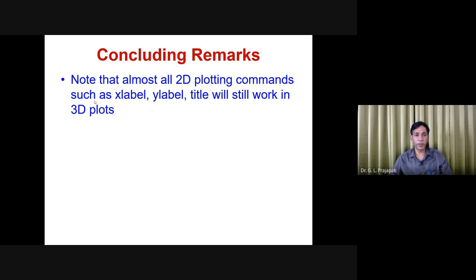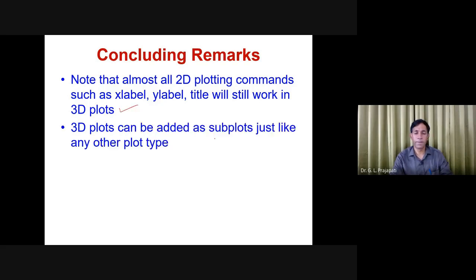Almost all 2D plotting commands such as xlabel, ylabel, and title will still work in 3D plots. So you have to remember this. Here also you can go for subplots. In one subgrid you can construct a 3D plot, there is no issue. 3D plots can be added as subplots just like any other plot type.